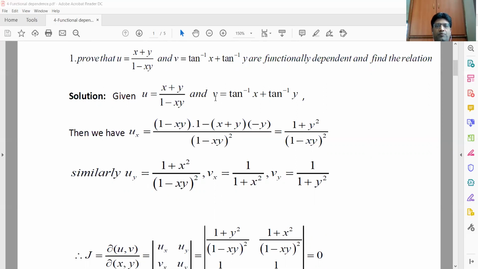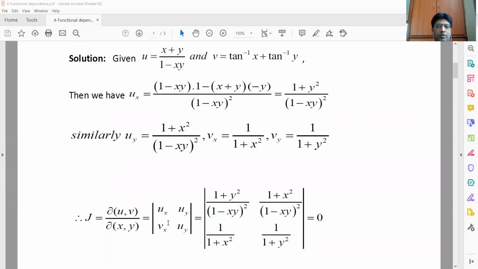Once it is 0, next we have to find the relationship existing between these two. So we have to calculate the Jacobian of u, v with respect to x, y. For that we require 4 derivatives: u sub x, u sub y, v sub x and v sub y. First, u sub x, the partial differentiation of u with respect to x.